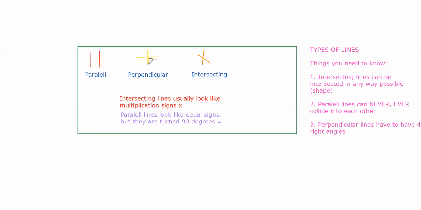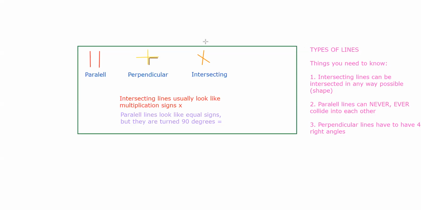You can think of this as a 90-degree angle. So if we drew 2 lines over here, these two lines just represent that there is one 90-degree angle.